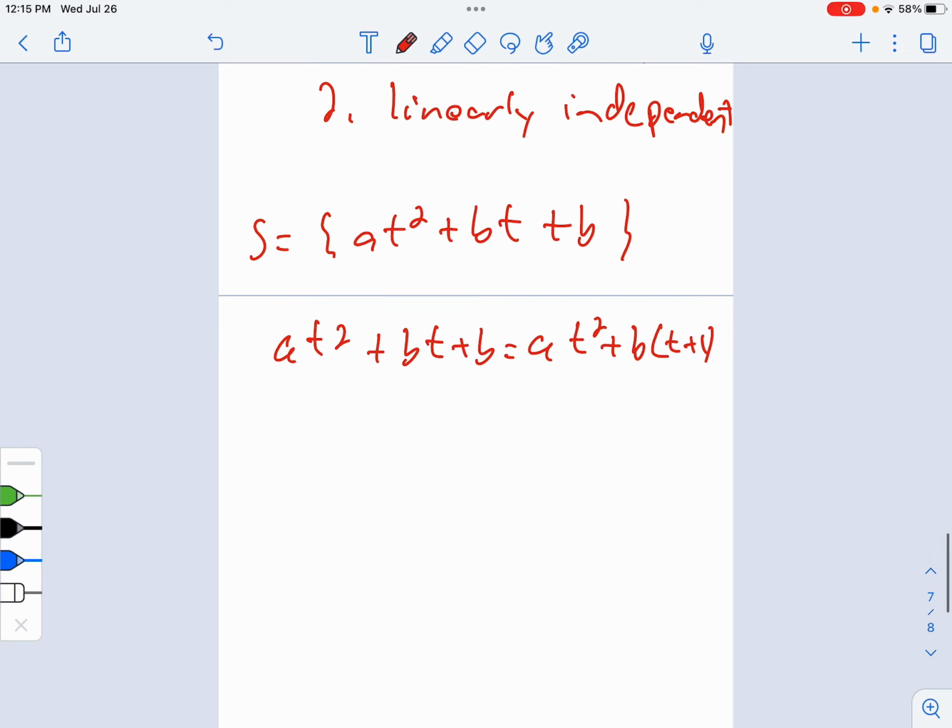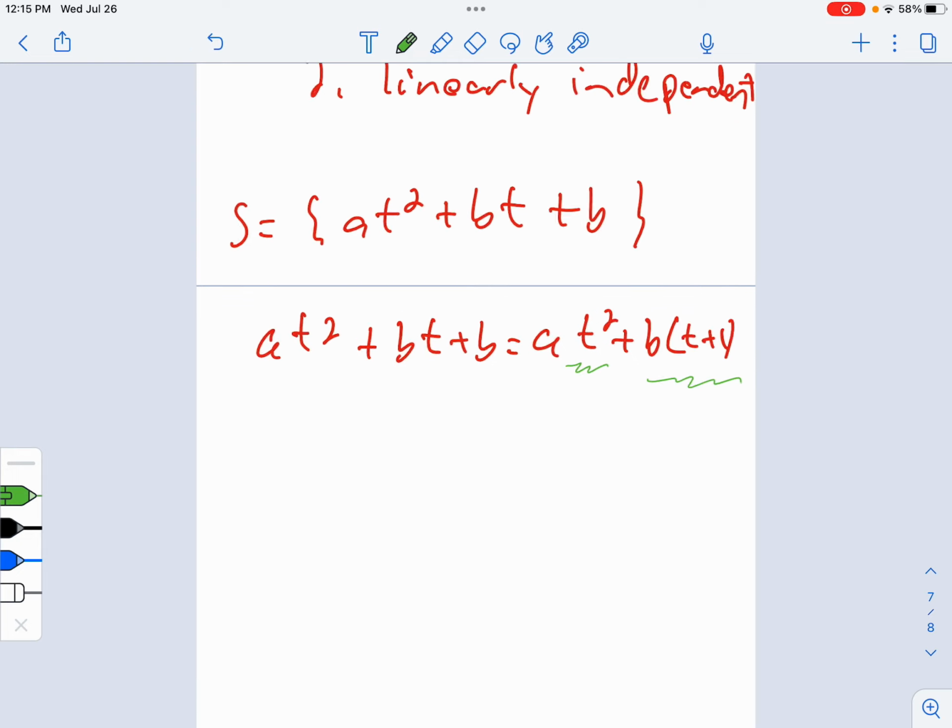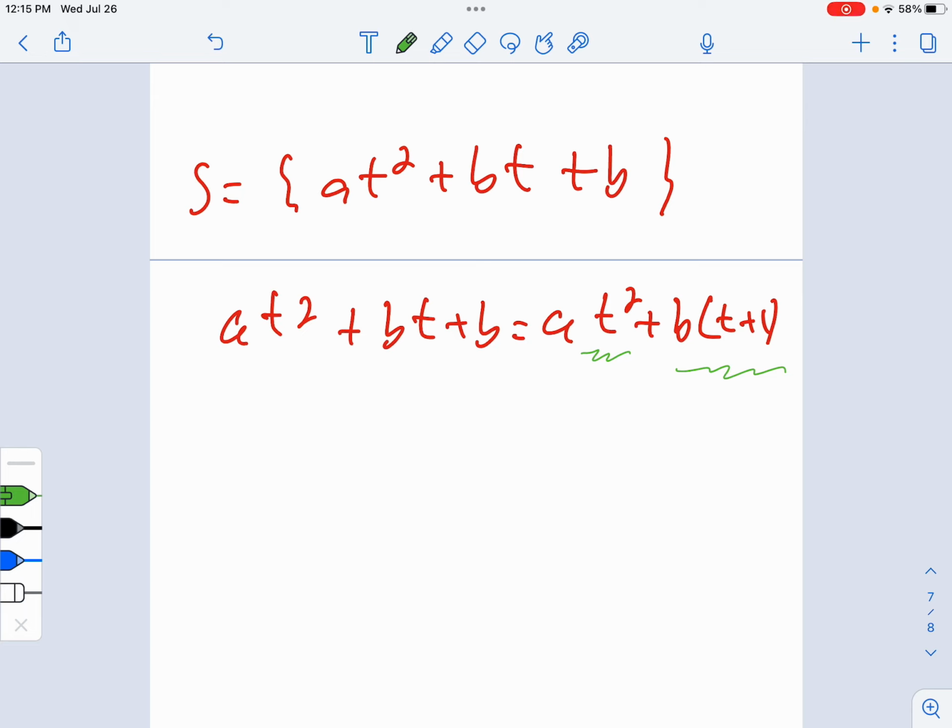Well, my objects are members of this vector space. The vector space is P2, okay? So, which means they're polynomials. So I have one polynomial with the t squared, and I have another polynomial with the t plus 1. So I'm going to say that my set that I claim will span this space, let me call this set big B here, it's going to be t squared comma t plus 1, right?